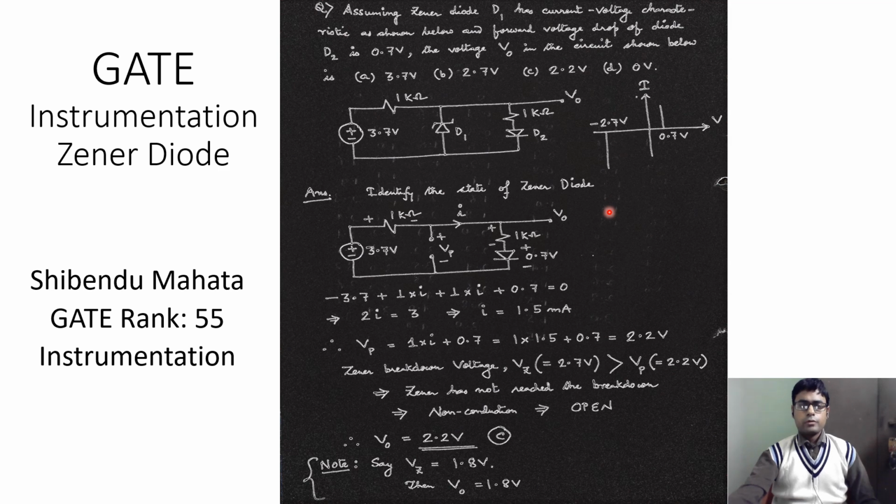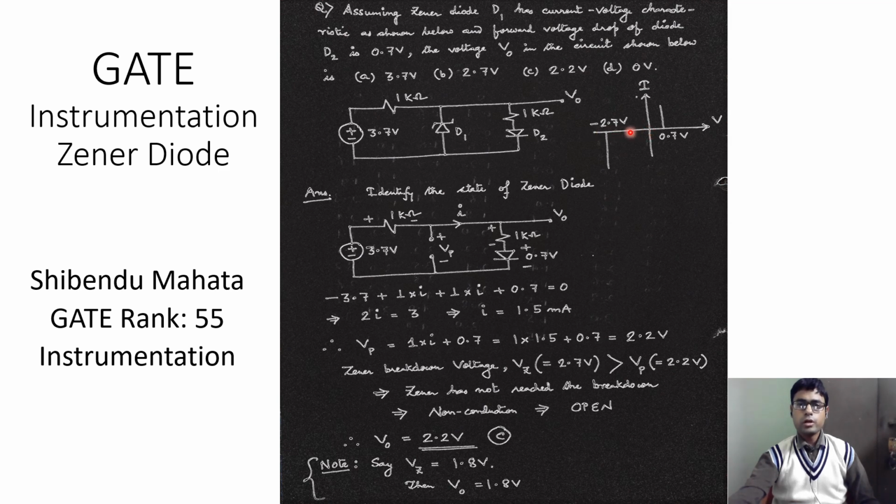Now, solving these sorts of questions where you have a DC source and a Zener diode, I had mentioned in one of my previous videos that you first have to identify the state of the diode. Identifying the state means we have to know whether the diode has moved into the reverse bias conduction mode or whether it is in the non-conduction state.